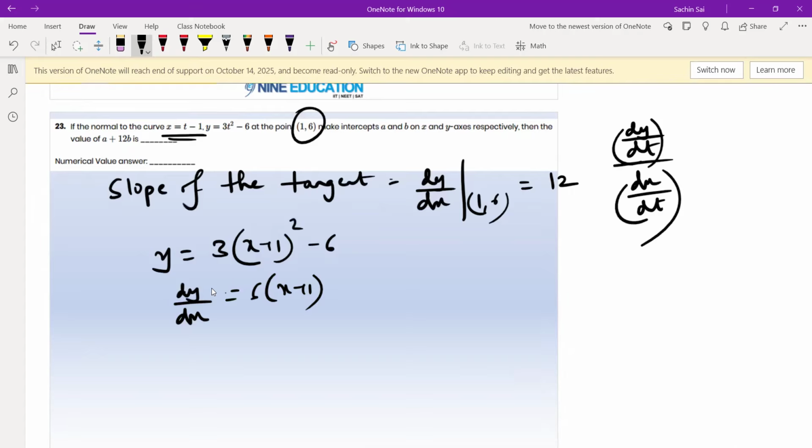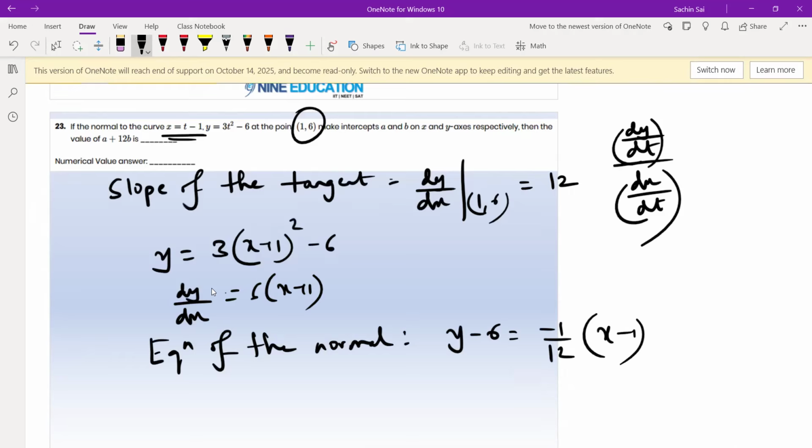When x equals 1, the value of the derivative is 12, right? So that means slope of the tangent is 12, slope of the normal is minus 1 by 12, right? So equation of the normal will be y minus 6 equals minus 1 by 12 times x minus 1. Now from this line equation, you can find both the x and y intercepts.